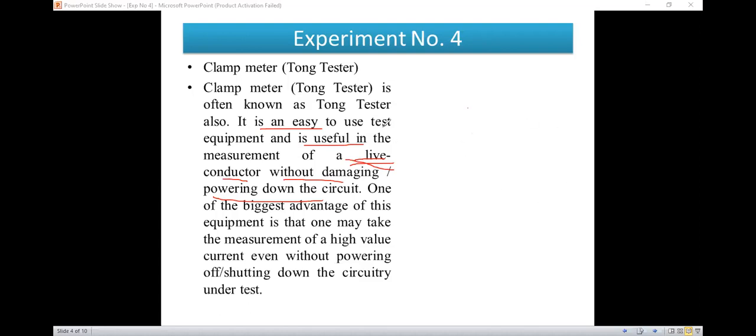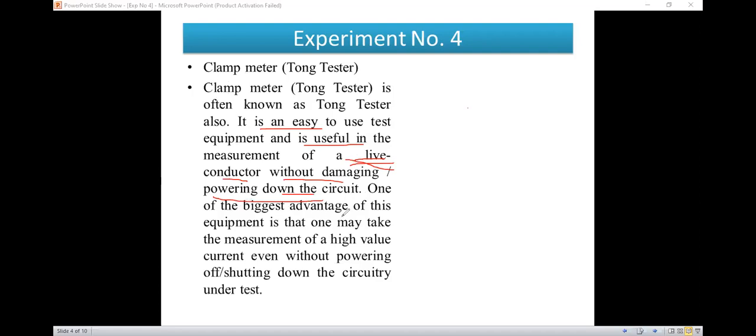So if we use another meter, at that situation we are required to switch off, or power down that circuit. But in case of the clamp meter, it is not necessary. So you directly use that meter on that live machine and measure the value. So this is one of the advantages of this meter, that is the clamp meter.